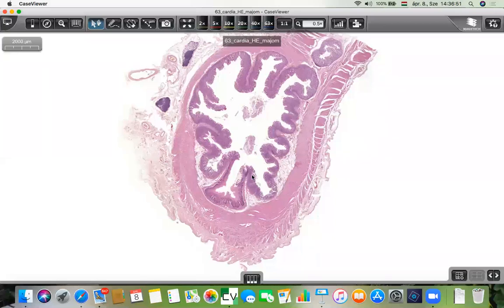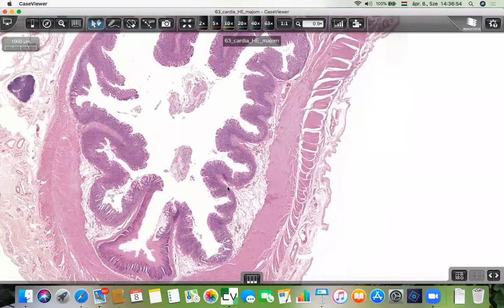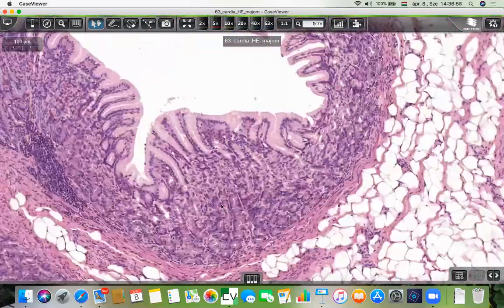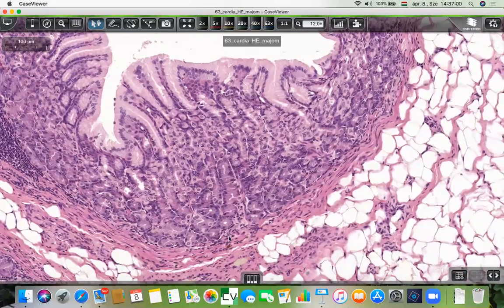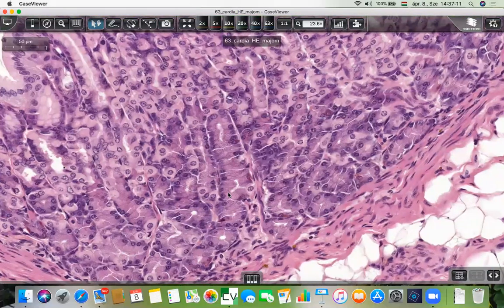When we look at the surface here, we can find the typical appearance of the gastric mucosa. These are the gastric pits having simple columnar epithelium. This is the basal part. These are the chief cells secreting pepsinogen.